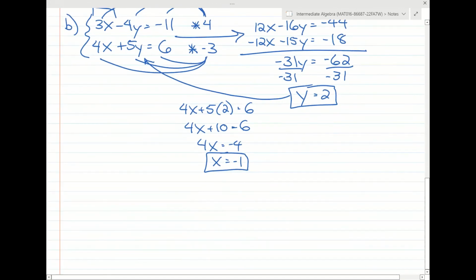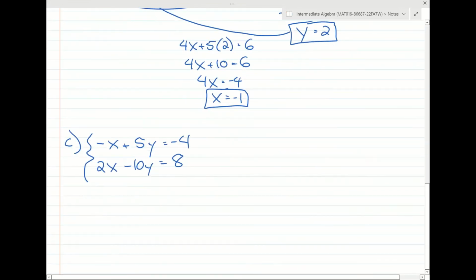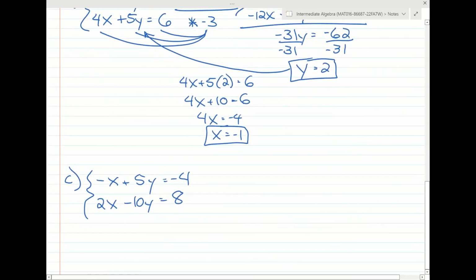What about something like this, where we get negative x plus 5y is equal to negative 4, and 2x minus 10y is equal to 8. Now again, we could either eliminate the x's or the y's.